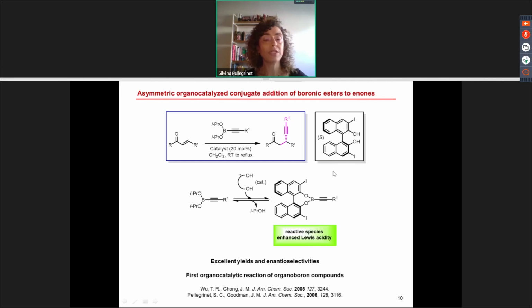We did a theoretical study of this reaction and found that transesterification of the initial boronate with an aryl diol gave rise to this cyclic boronate here, which has such a distorted geometry that the oxygens cannot donate electron density into the vacant p orbital of the boron atom. So it is more Lewis acidic and can coordinate to the enone and facilitate the subsequent conjugate addition step.